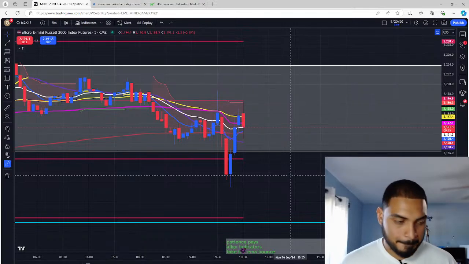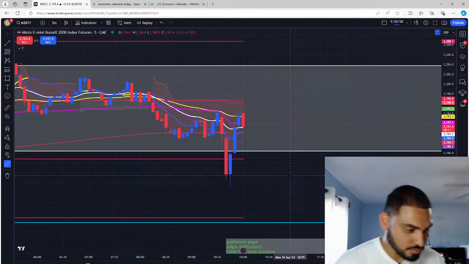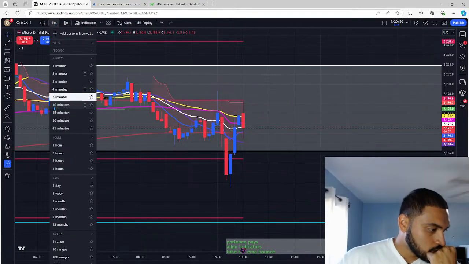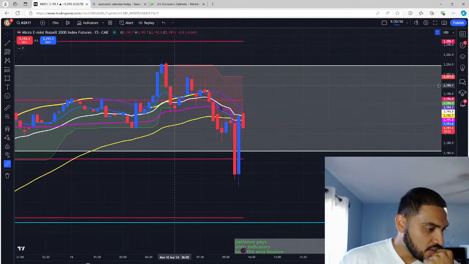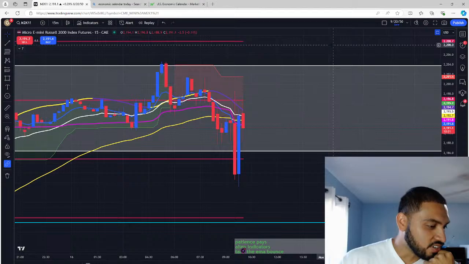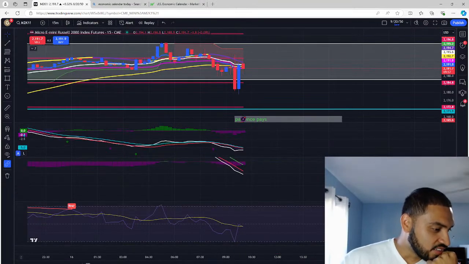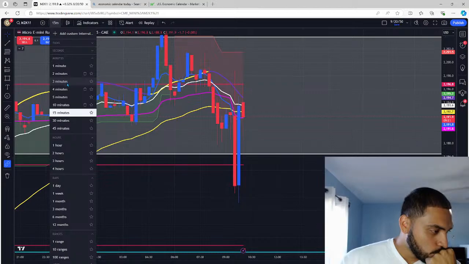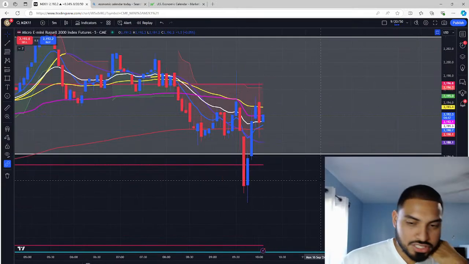Let's take a look at the 15. Everything is pointing to the downside though. And it's looking very red. It's looking very red. We'll keep on watching.